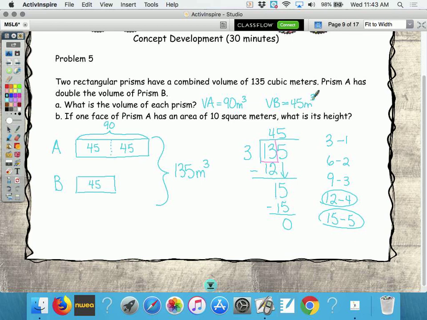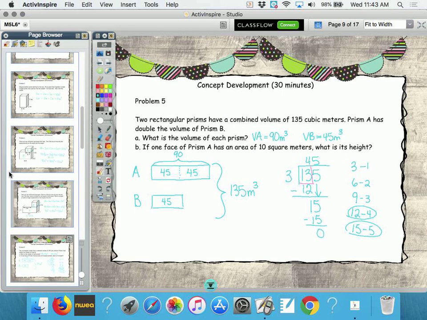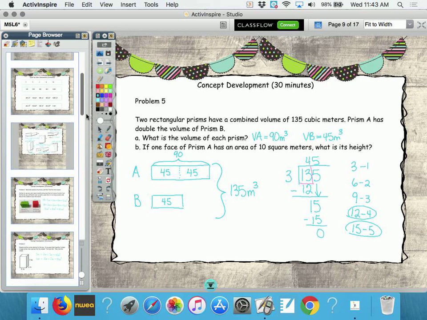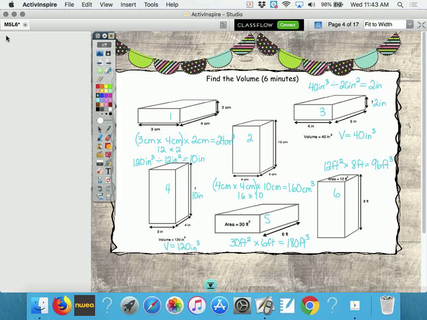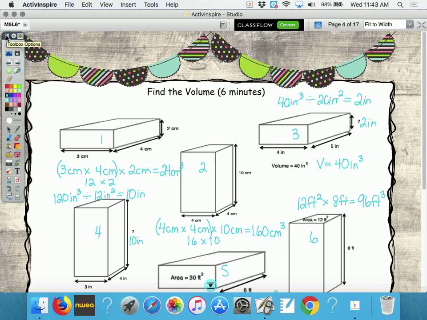Yeah, so this says if one face of Prism A has an area of 10 square meters, what is its height? Now, I'm going to go back a few pages because I want to remind you what we started out with. We were doing these problems. If I know volume, I'm going to divide, correct? Yes.